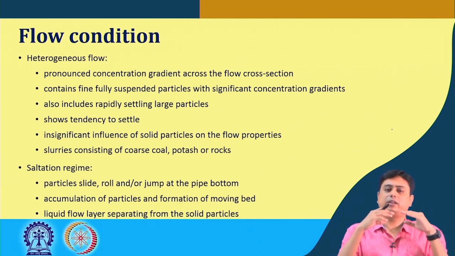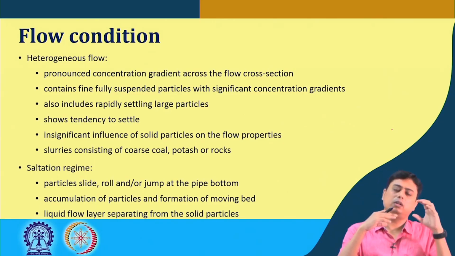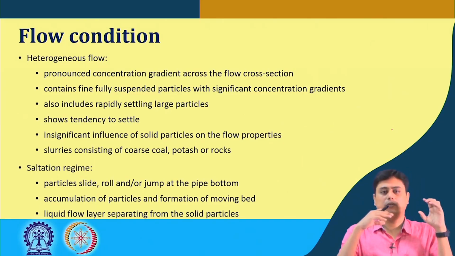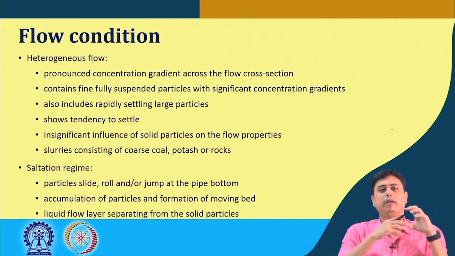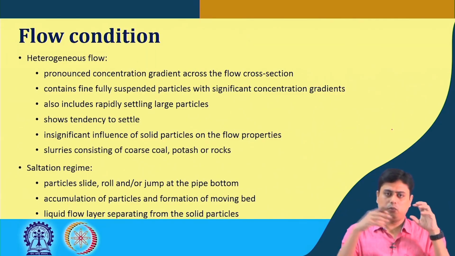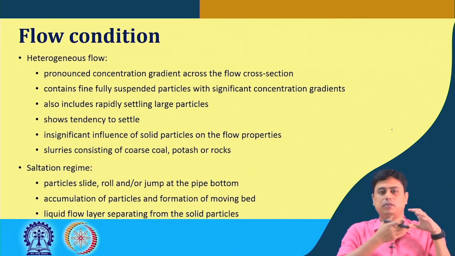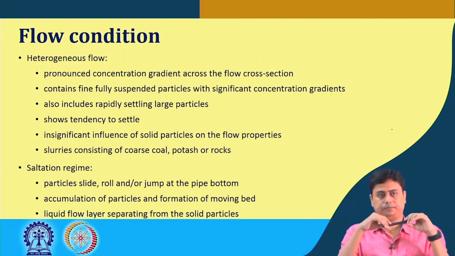So there is a clear distinction between the bulk liquid flow and a moving bed of particulates, and during its motion the particle jumps, rolls and slides along the bottom surface of the pipe. That means there is accumulation of particles and formation of a moving bed at the bottom portion of the conveying system. This regime we call the saltation regime in slurry transport.